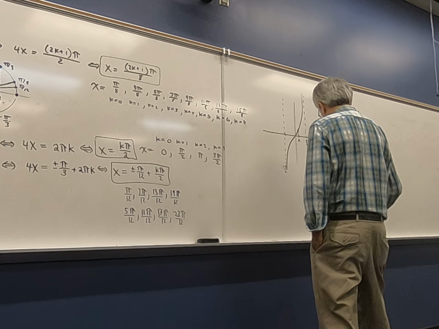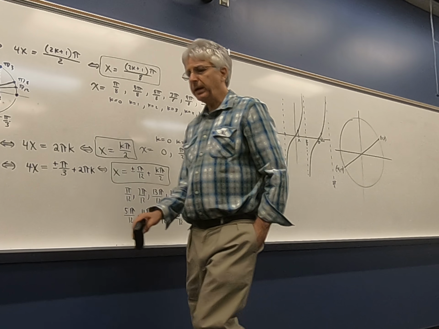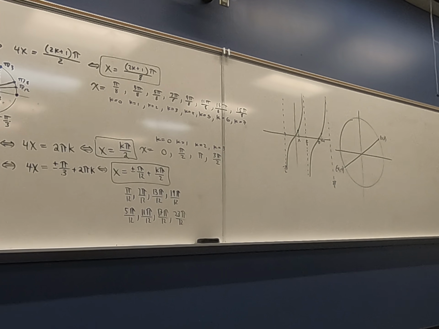So we have this identity, which appears on page 550. Can we go to page 550 in the book? This is 550. Well, in fact, it's 549.